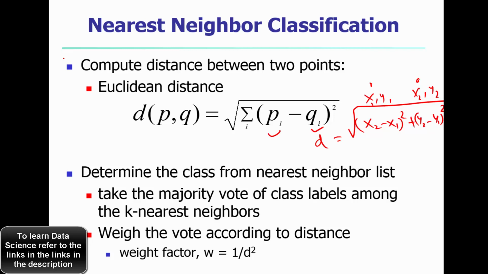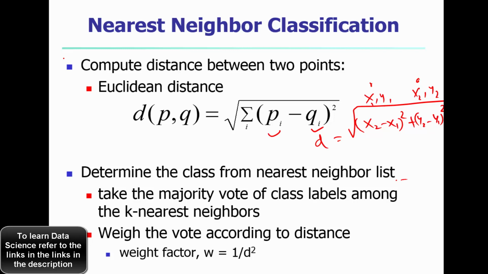The difference could be in coordinates, or any quantity, a length, breadth, height, weight, or any measurable quantity. Take the summation of the squares, and take the square root, and you find the distance. So this is a way to find the distance.